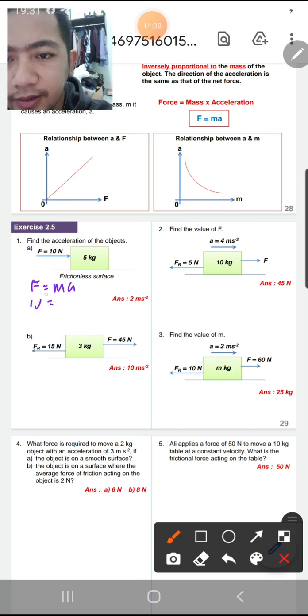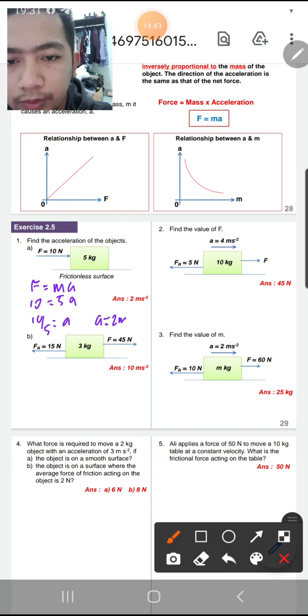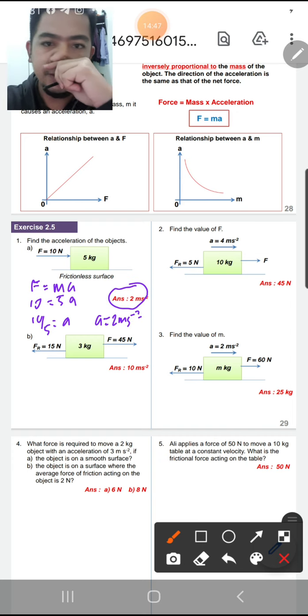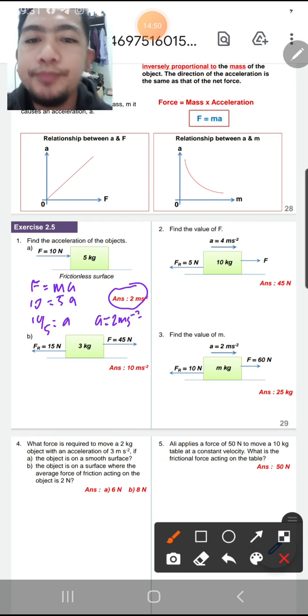F is 10, m is 5, A. So to find A, 10 divided by 5. So you will get A equal to 2 meter per second square. So this is the answer. So easy.